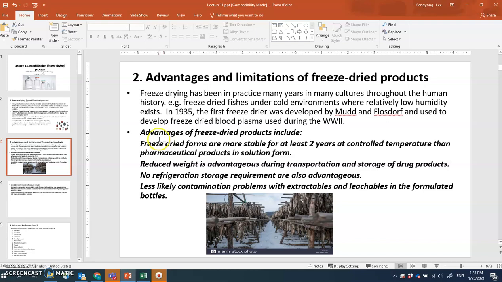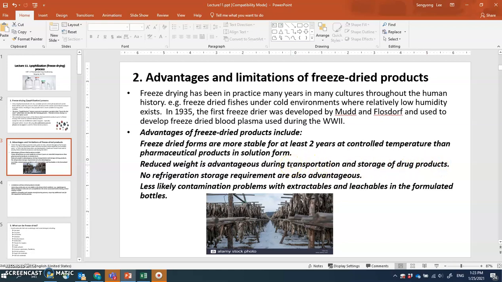So what is the main benefit of freeze drying your product? You can keep your drug for a long shelf life, at least 2 years or longer, at controlled temperature. So you can store it for a longer time. Not only that, if you remove water, of course your product weight will be much lighter, so transportation and storage will be less costly.